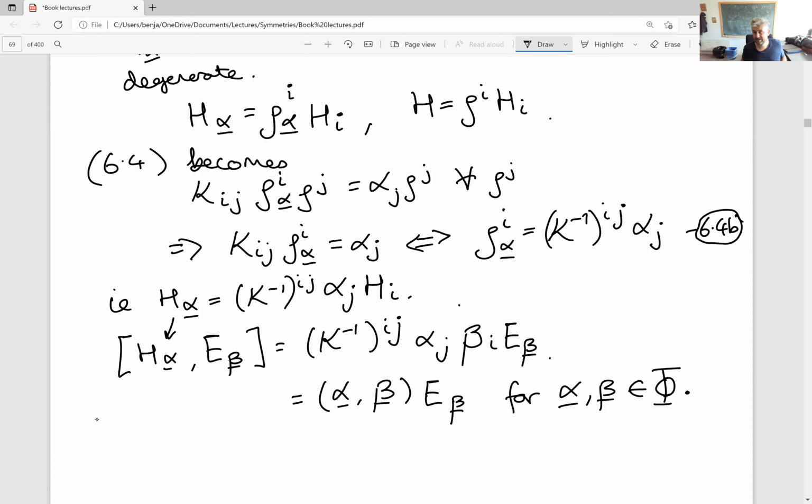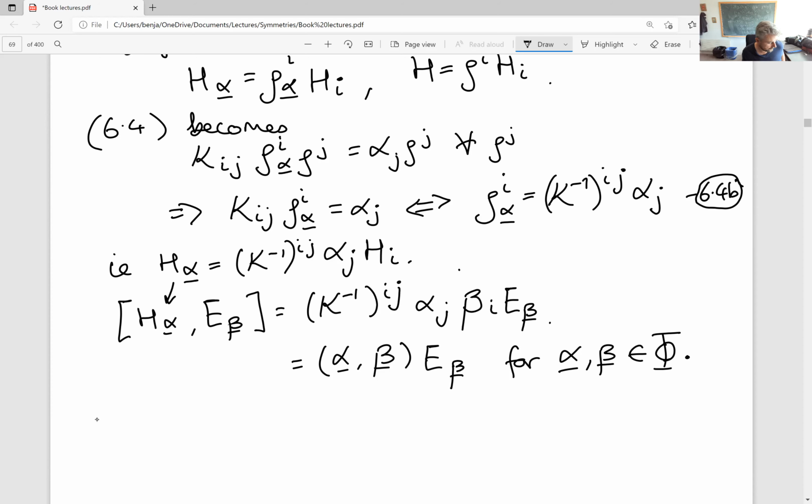Now, I did mention it, but we've really assumed that the roots are non-degenerate.